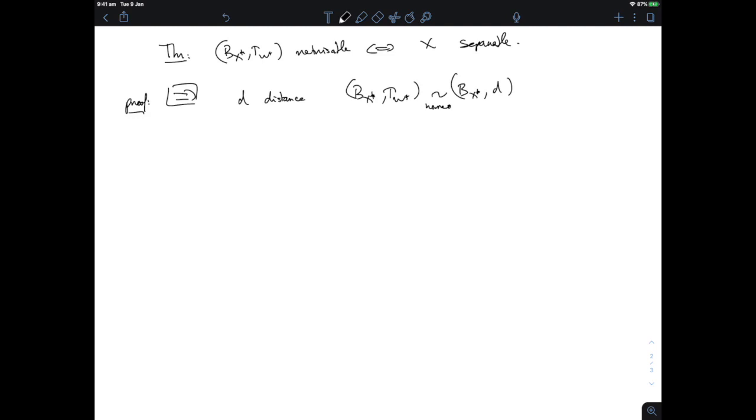Now, if I have such a distance, I can define for all n neighborhoods Un of 0 by saying these are the sets of x star in the unit ball such that the distance of x star to 0 is smaller than 1 upon n. Now, if I have this homeomorphism, this means that this open set for the topology defined by the distance will have to be open for the weak star topology, so it will have to contain a weak star neighborhood.